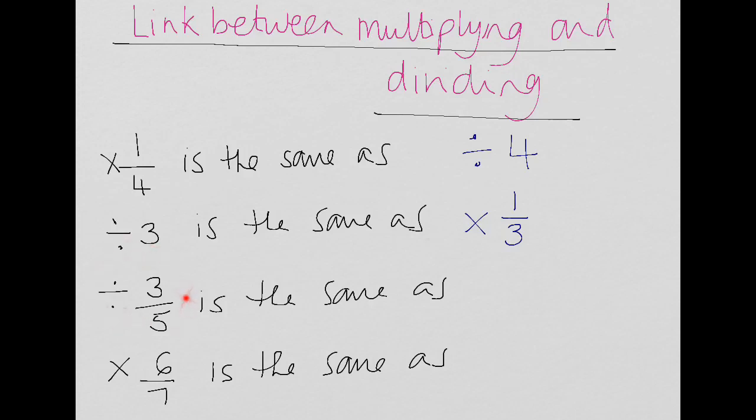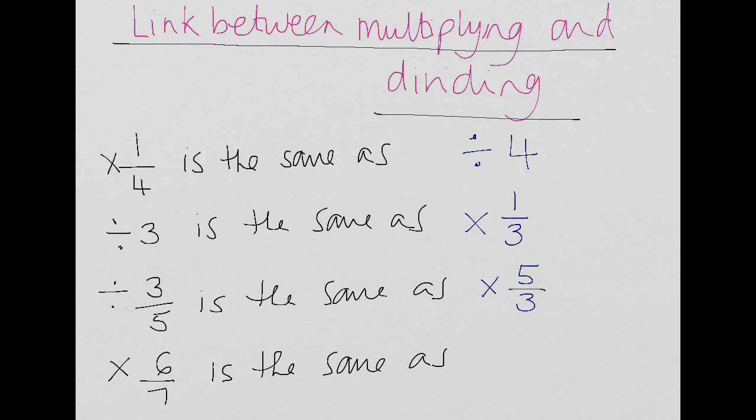Dividing by 3/5, it's the same as multiplying by its reciprocal. What's the reciprocal of 3/5? That's right, 5/3. So you should have got that. Well done.